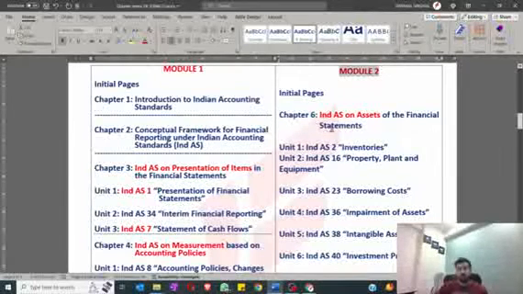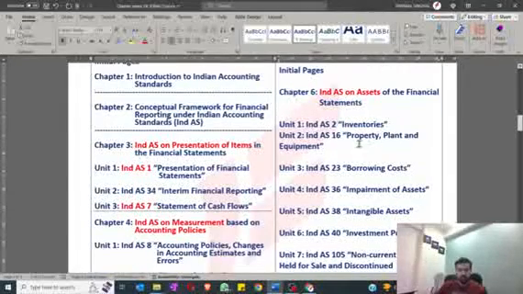Chapter 6 consists of Ind-AS on assets of the financial statements. So the contents of this chapter will deal with the assets in the financial statements, say inventories, machinery, land, building. Let's discuss the Ind-AS under this chapter.